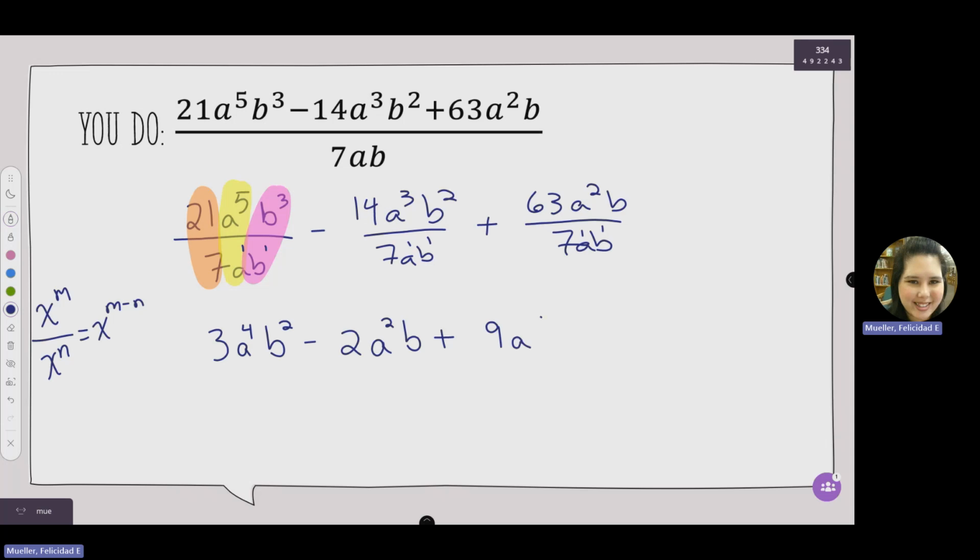And then we get b to the 0. But we do have a property that says anything to the 0 power equals 1. Or also when we worked with fractions, it's the same top and bottom, you cross it out, and it becomes a 1. So it doesn't really change anything. Our final answer is 3a to the 4th b squared minus 2a squared b plus 9a.